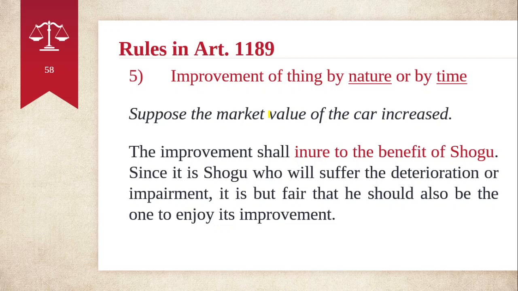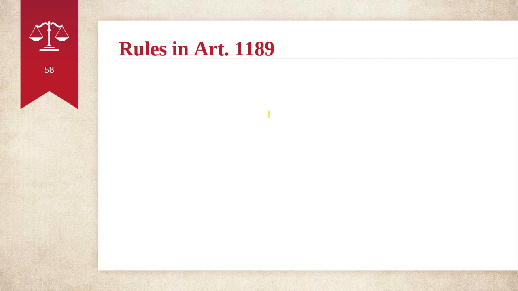The same goes with the deterioration. Diba? Katong nag-decrease ang market value na himong 90,000, wala man ka naningil og 10,000. So, karon kung ning-improve, dito na po na, si Shogu na po ang mag-benefit. Kaya kung mag-deteriorate, siya man ang mo-suffer. Diba? Remember number 3? Tama ba?